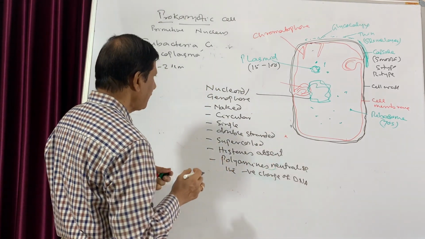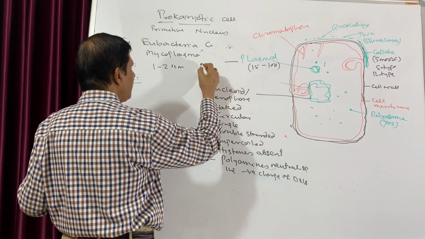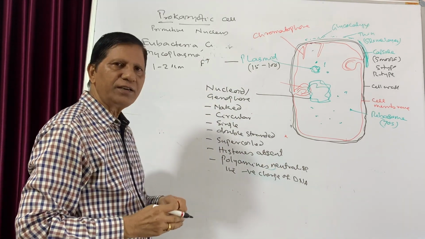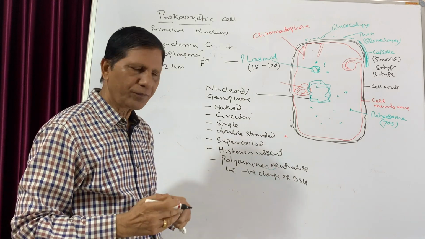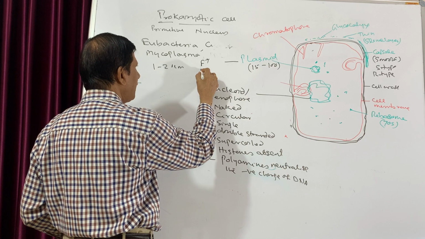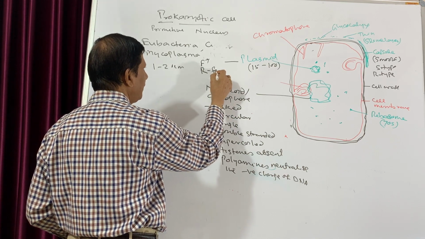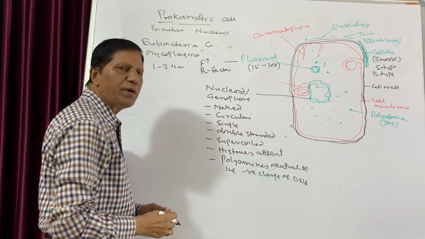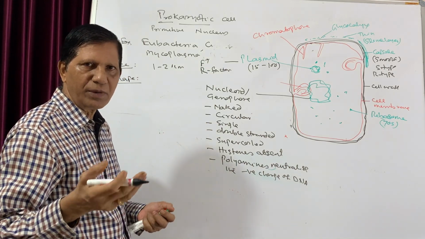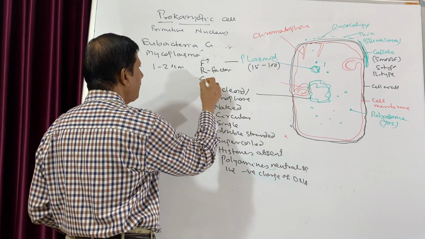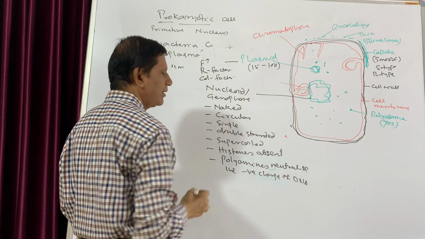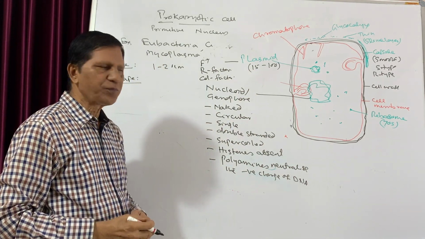So what are the different types of genes that are present? It contains the F+ factor. If this gene is present, then it is fertile. Then it also contains the antibiotic resistance gene, that is the R factor, which we usually discuss in biotechnology. Then some also contain the col factor, that is a colicinogenic factor.